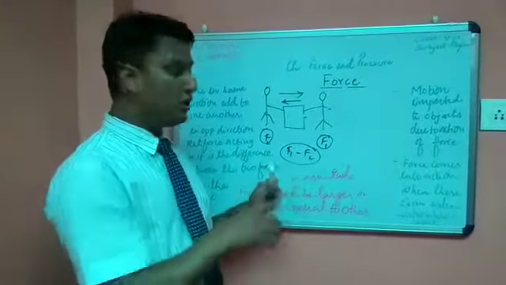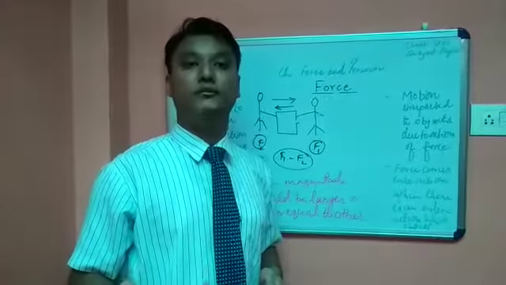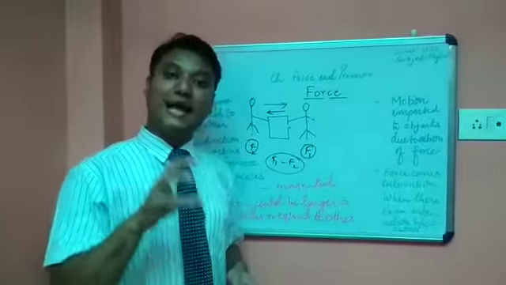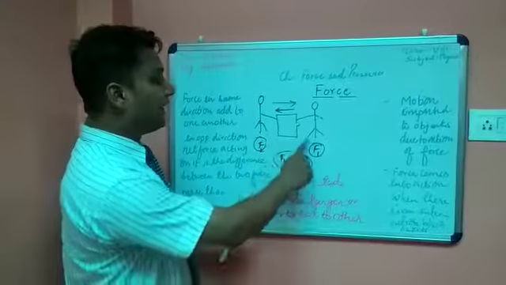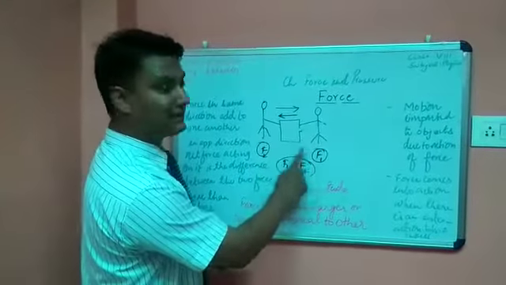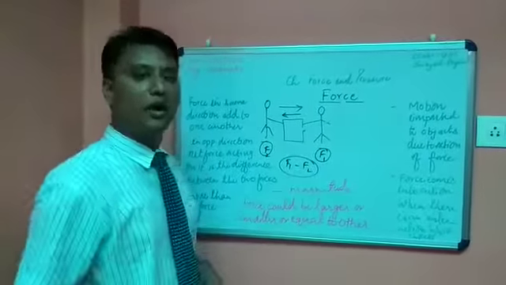Now, as the force is applied in the opposite direction, what will be the total amount of force which is given to the box? That force, the net force, will be the difference between the two forces, the force by boy 1 and the force by boy 2.